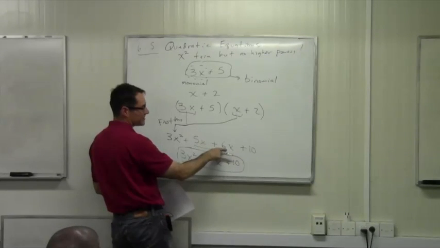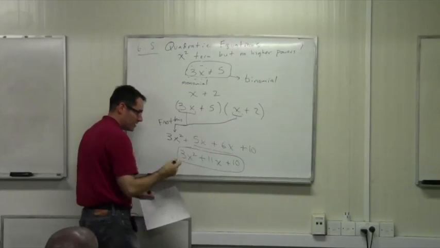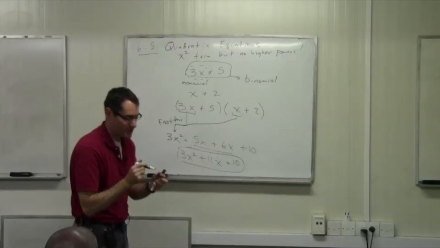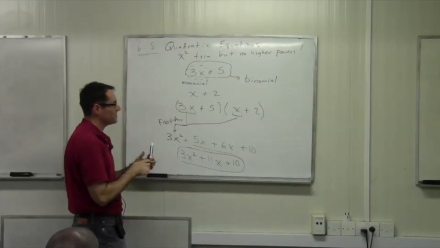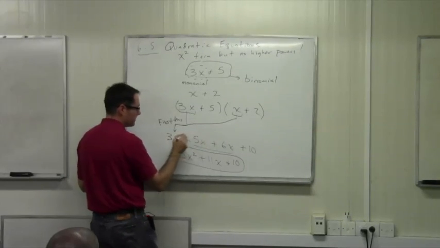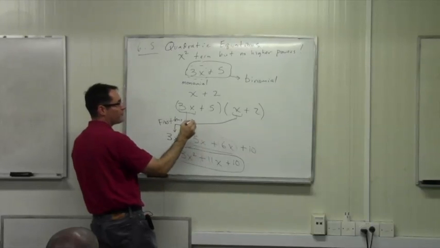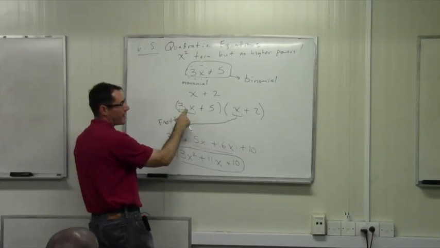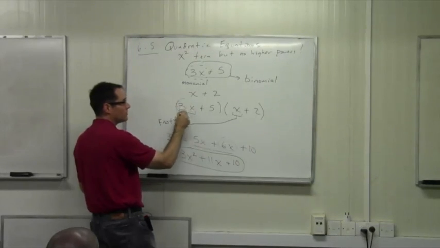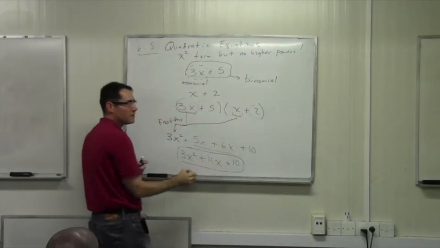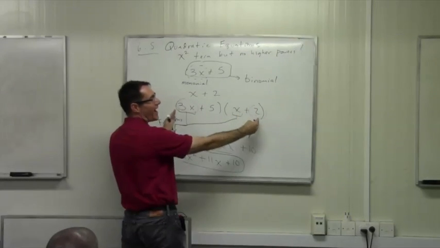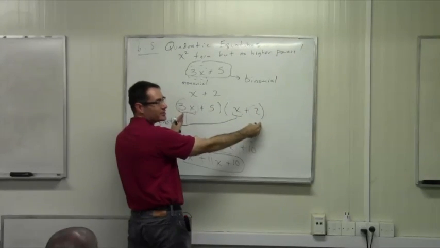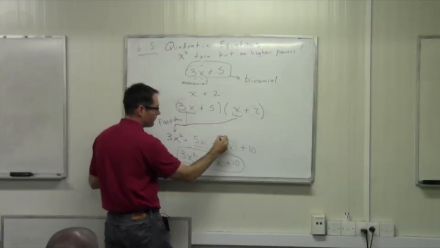The 6x came from what? Let me do it in a different color. The 6x came from the 3x times the 2, right? We call those the outer terms, or the outside terms.